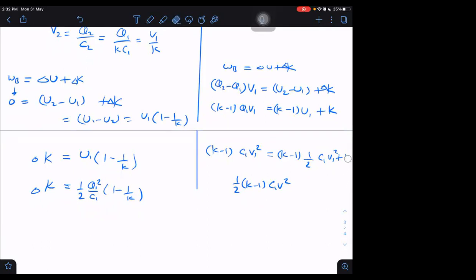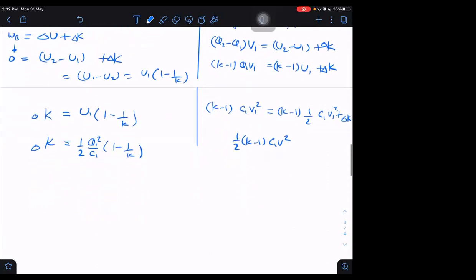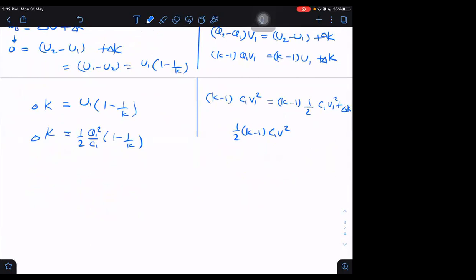There is a problem here. K is already used. That's why it is a good idea that we should write delta K. What is delta K coming out to be? Delta K is half of (k minus 1) into C1 V square.